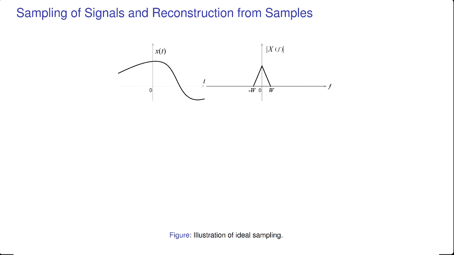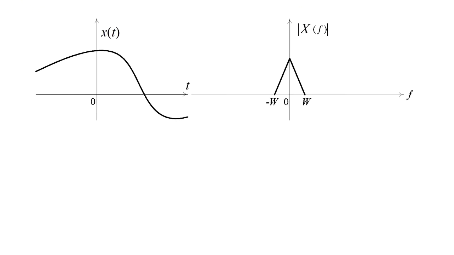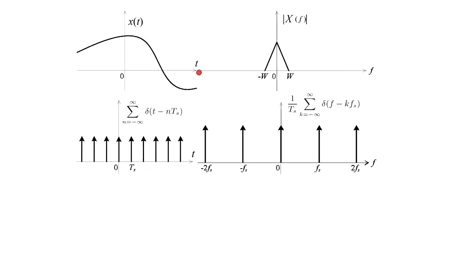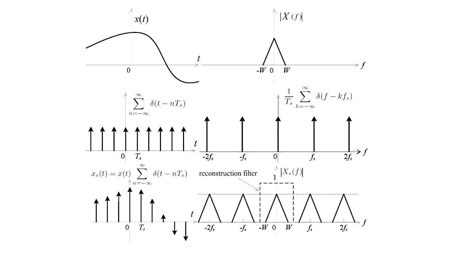So again, as a summary, I have a continuous time signal. If I transform it to the frequency domain, and its components above W and below minus W are 0, I call it a band-limited signal. Then I multiply it by my pulse train, and the Fourier transform of the pulse train is also a pulse train.